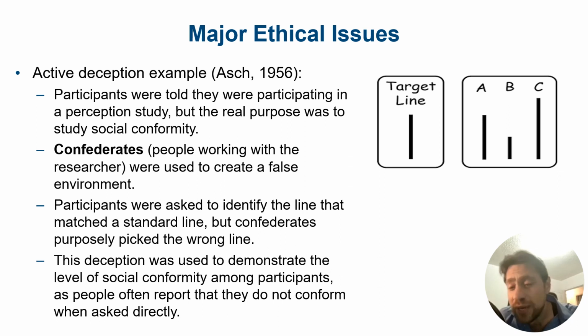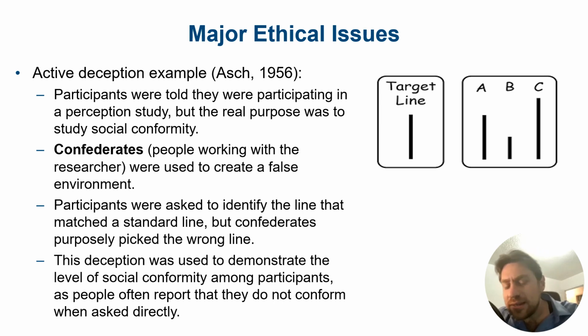And this was true in this particular study, where Asch created a fake environment filled with Confederates. Now, Confederates are people that are in on the study, almost like actors, but you don't know that. You think these are real people behaving autonomously, when in fact they're playing some role to create a fake environment, kind of like the Truman Show. And you're the star of the Truman Show.